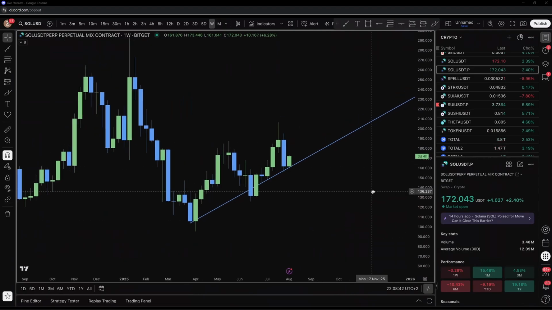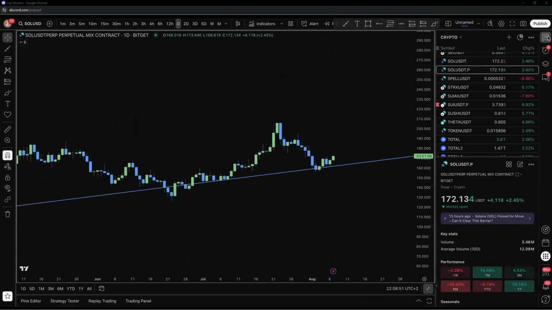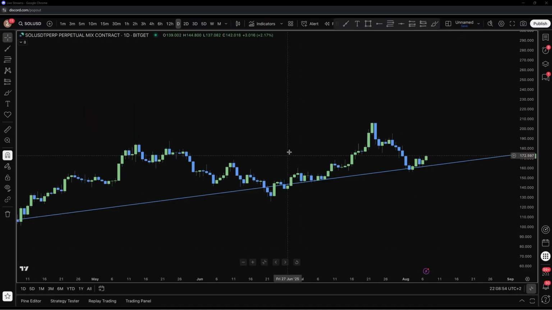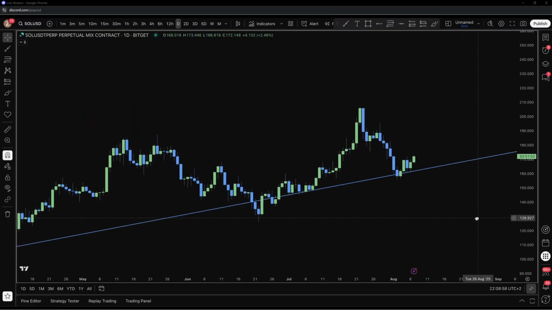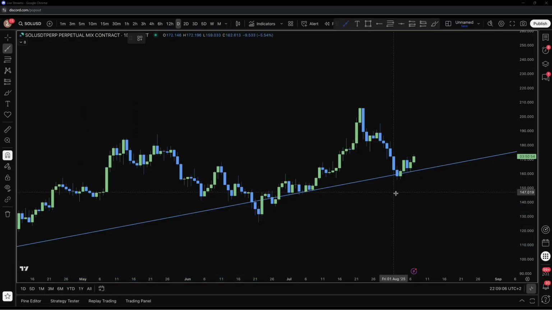Now potentially I'd go through to the 3 day or something, but for this example, let's go to the daily. This is where it kind of gets interesting. We could potentially draw another small trend, just on the last few days, because there's clearly been a reversal.